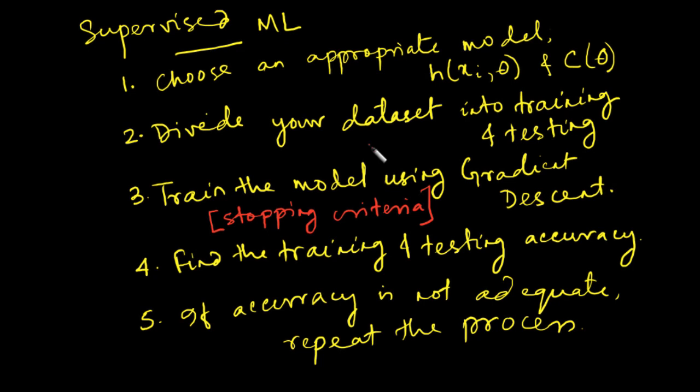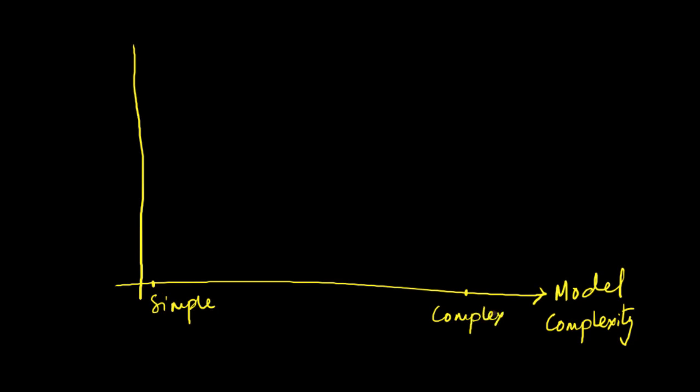So now let me end by just again reminding you about overfitting and underfitting. In the first step of supervised learning, I mentioned choosing a particular model. So now on this x-axis, we have what is called model complexity. At the lower end, let's say you have a very simple model, and here you have a very complex model.